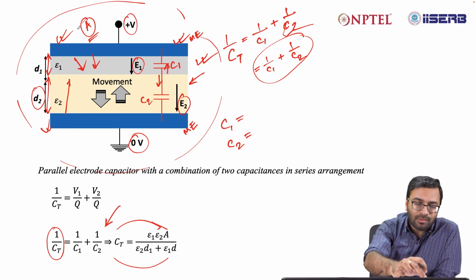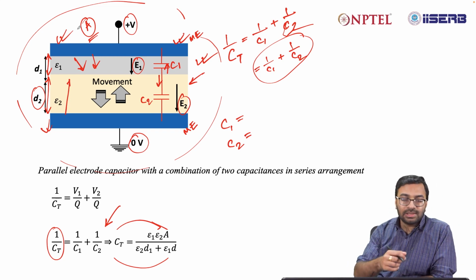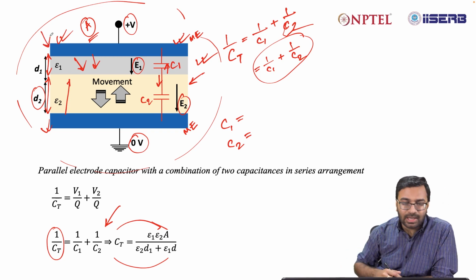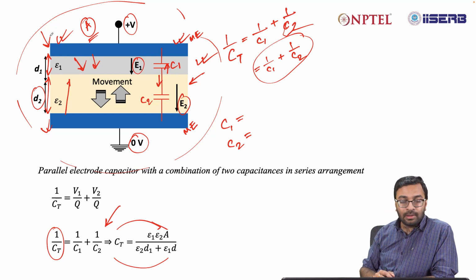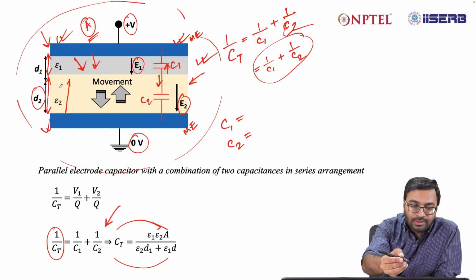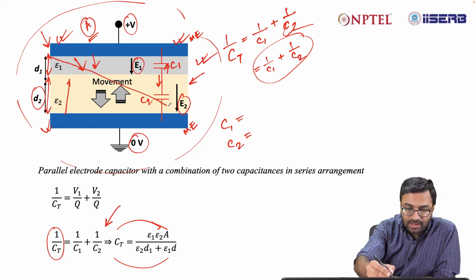So, if this type of arrangement you can make, in that case this parallel plate capacitor can work as a say chemical sensor. This may also happen that the reaction will create a structure like this.